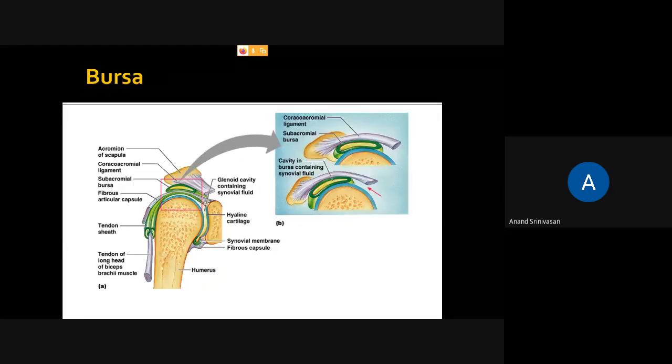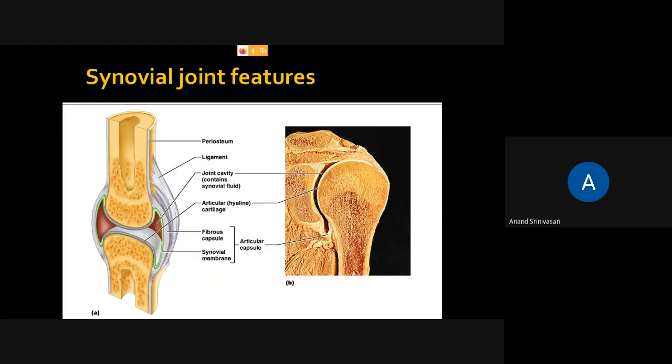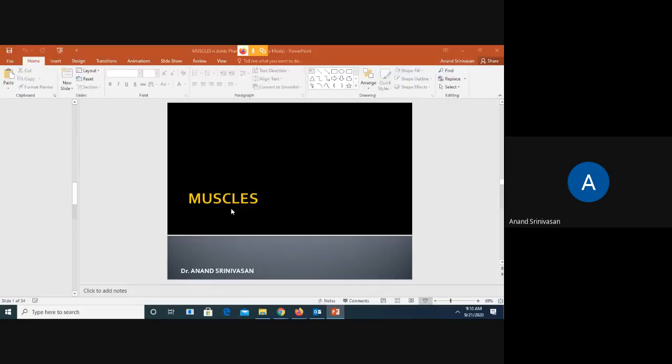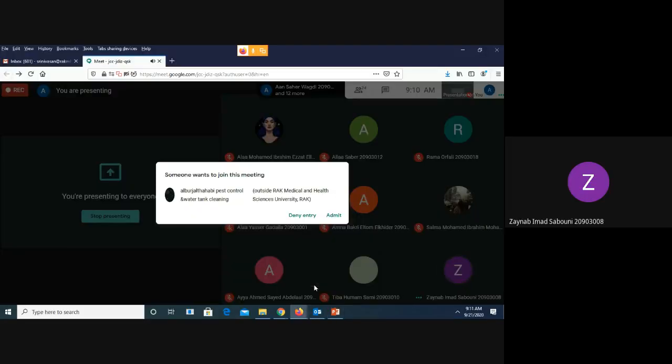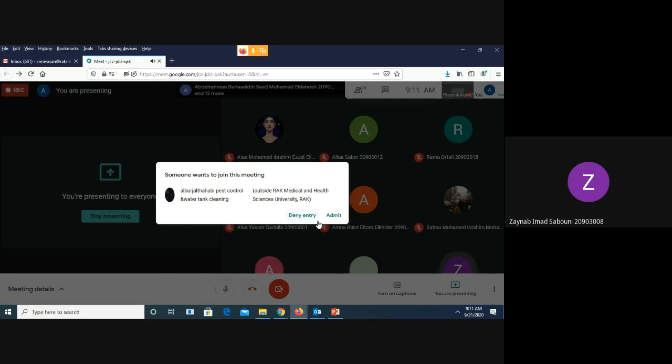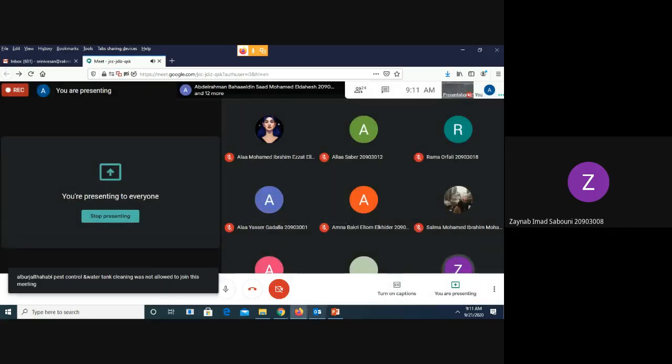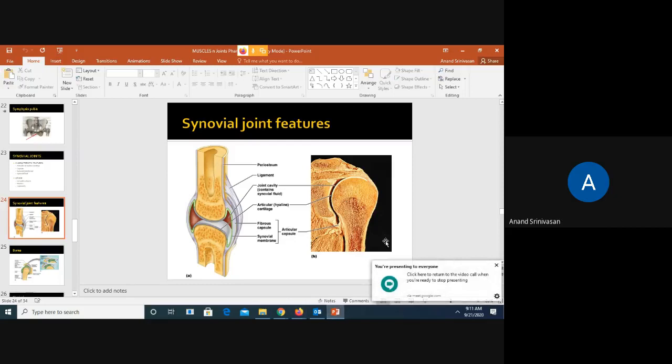Any doubts until now? Yes, doctor, the menisci only exist in the knee or what? Yes, the menisci will be present only in the knee joint.